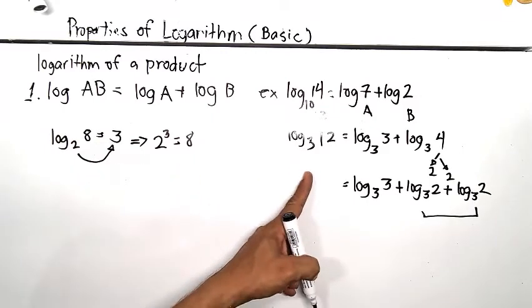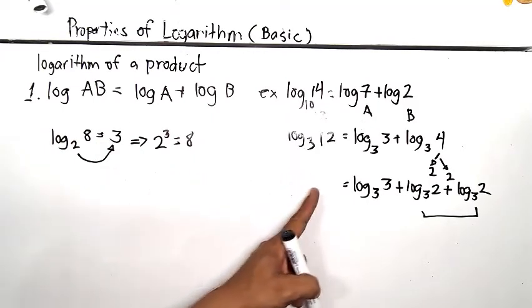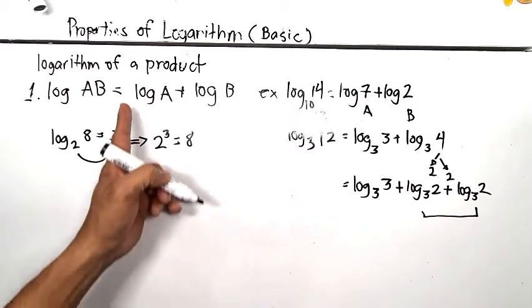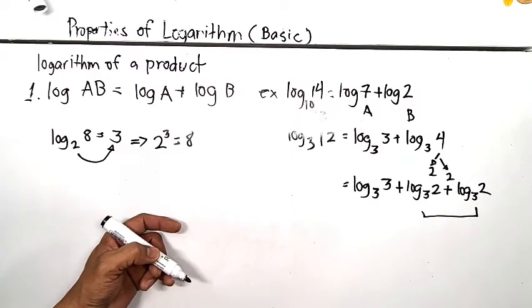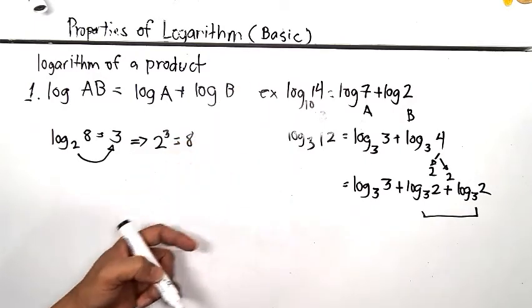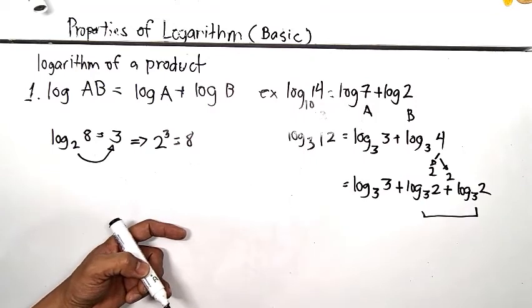Now, if we combine these two rules or properties, we'll be able to solve some more complex or intermediate problems.